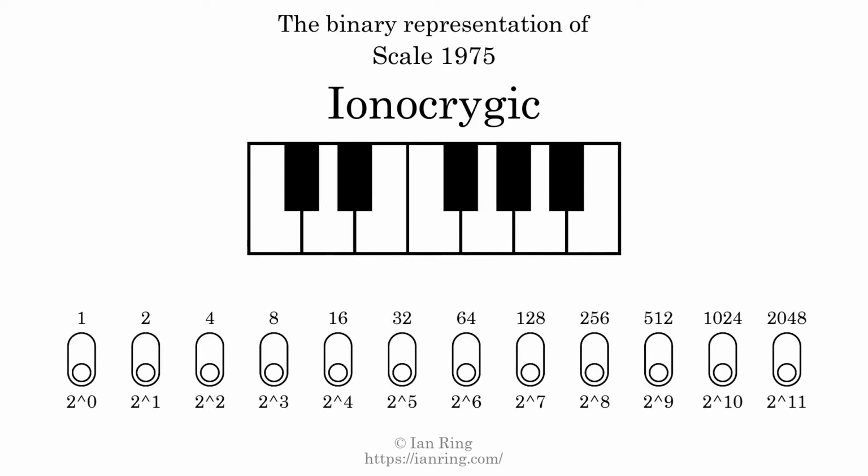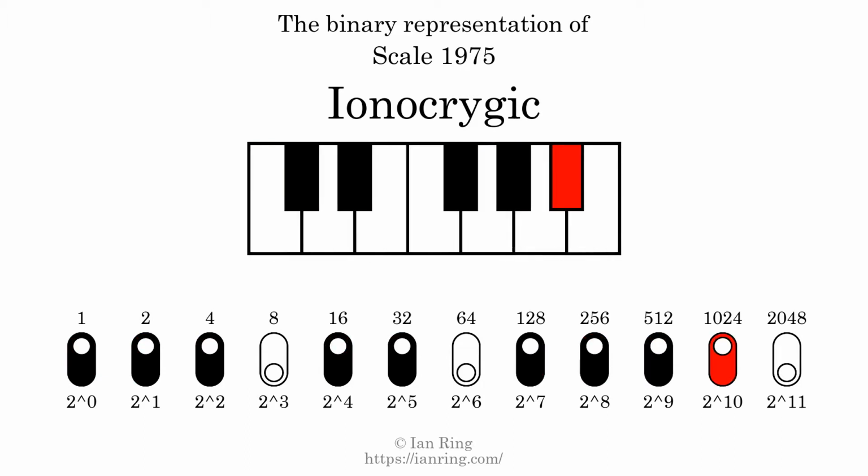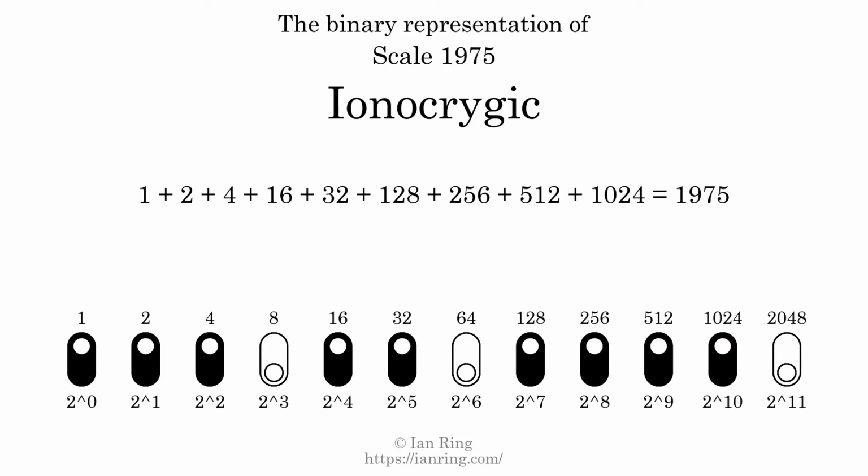The binary representation of this scale is determined by mapping tones of the scale to binary digits. Each binary digit represents a power of 2. To get the scale number, we add the powers of 2 together. The powers of 2 that are present in the scale, all added together, equals 1975.